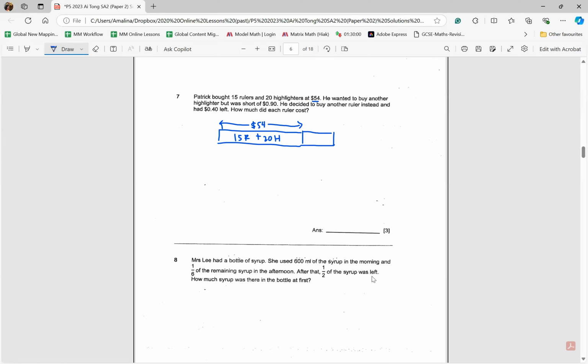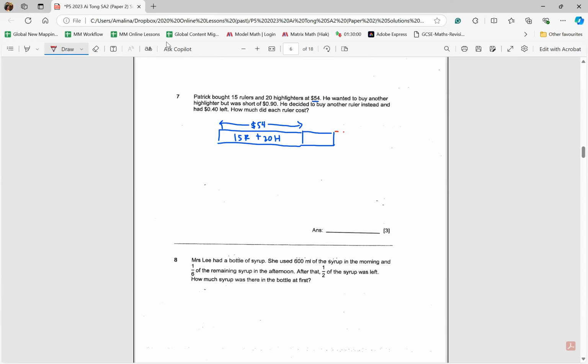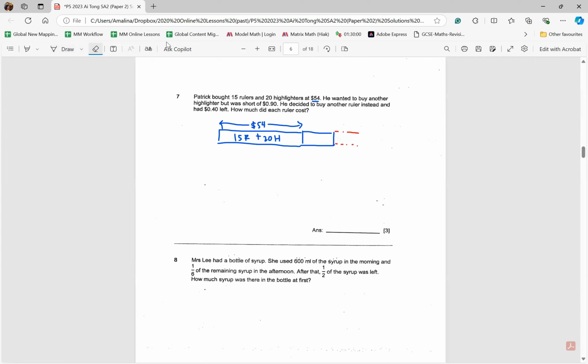Now if I look at the first case, if he wants to buy another highlighter, he's short of 90 cents, meaning he requires an extra 90 cents. So this is my 90 cents for him to get the extra one highlighter. Maybe I make it a little bigger so you can put the dollar sign. So 90 cents added extra to his pocket money. Then this will be the cost of my one highlighter.